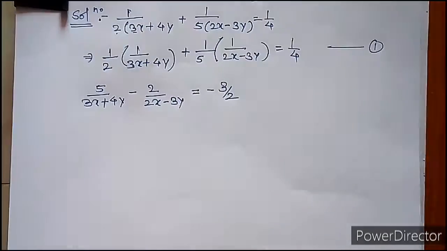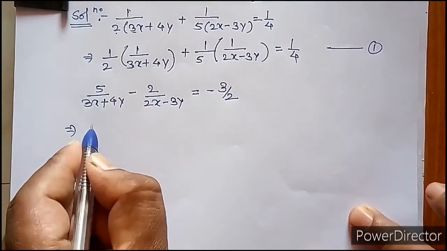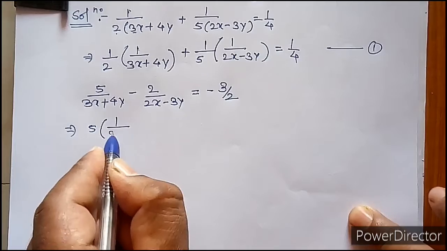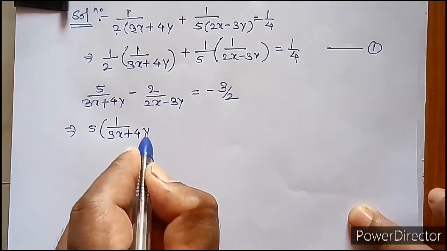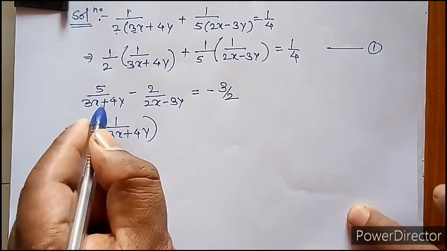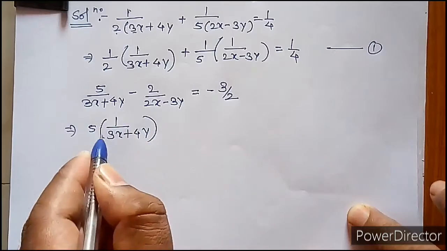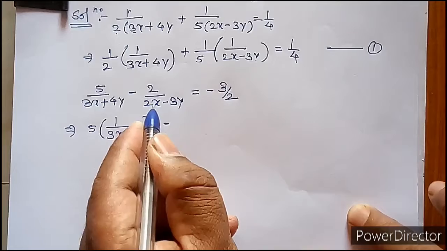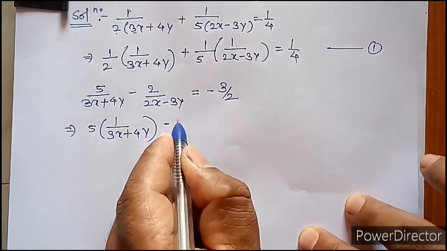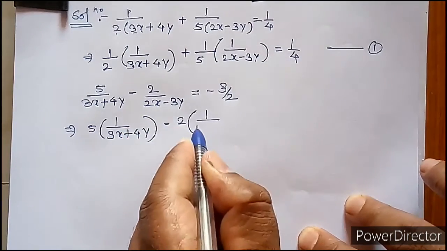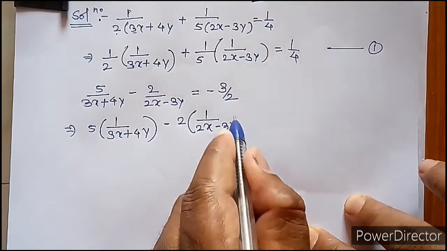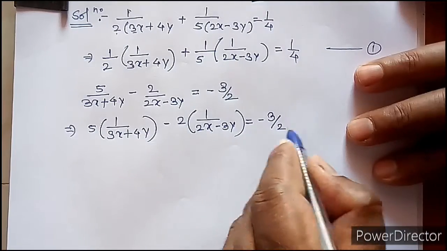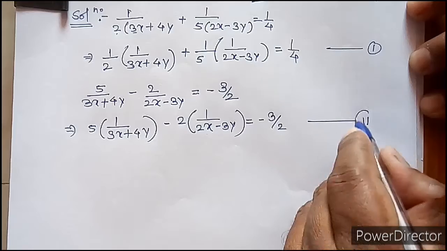Now this equation can also be written as 5 into 1 by (3x + 4y) minus 2 into 1 by (2x - 3y) equals minus of 3 by 2. Give this equation as 2.